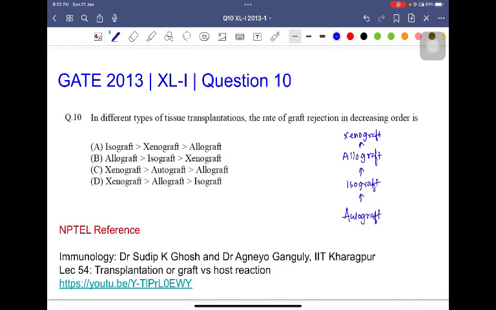Okay, so according to this, our correct option will be D, xenograft greater than allograft greater than isograft, right? And autograft is not there in this option. So our correct answer is option D. And that's it.